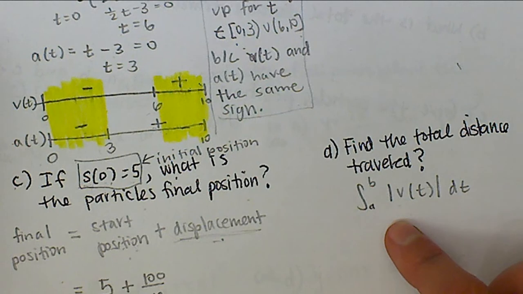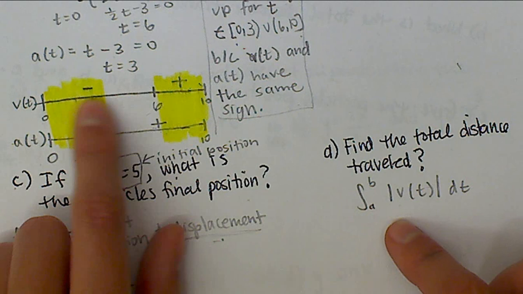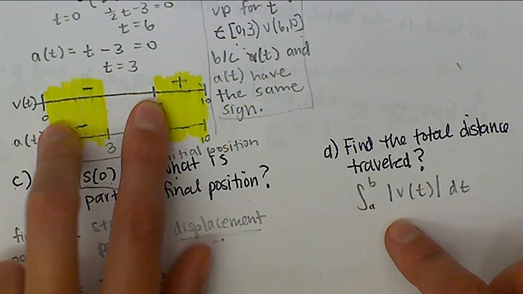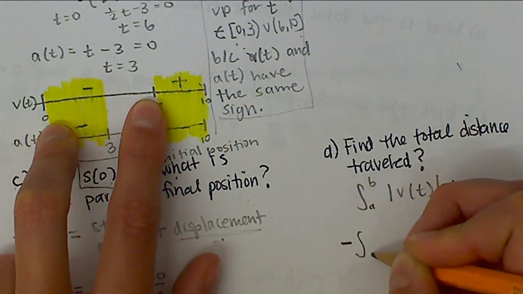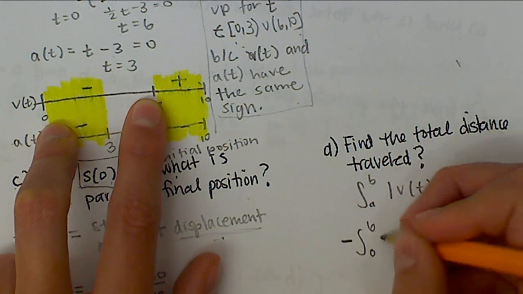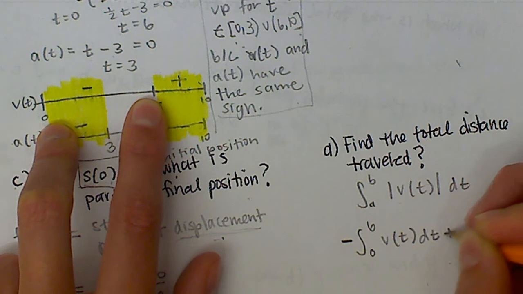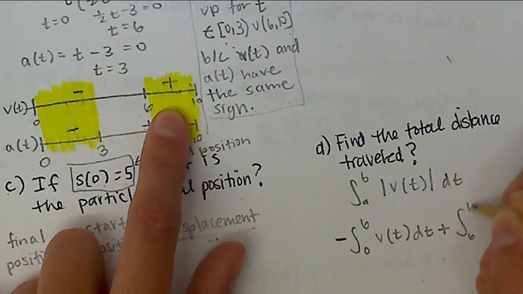Looking at my v of t, I see that my v of t is negative from 0 to 6. So in order to take the absolute value of it and make it positive, I would take the negative integral from 0 to 6 of v of t dt plus, since it's positive from 6 to 10, I can just leave 6 to 10 normal, v of t dt, like that.